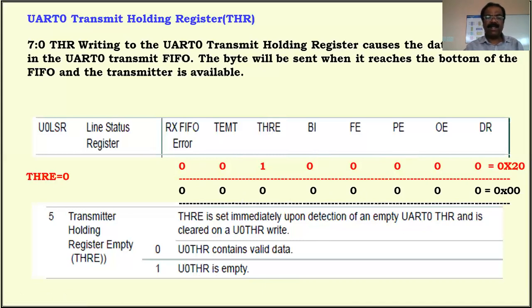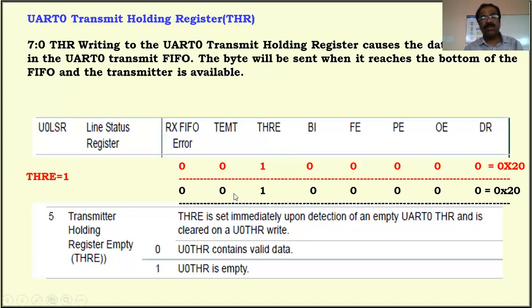If THR is not empty, the THRE bit is 0, 0 into 1 is 0, and the whole thing is 0. If the result equals 0, THR is not empty. If it is not equal to 0, THR is empty.